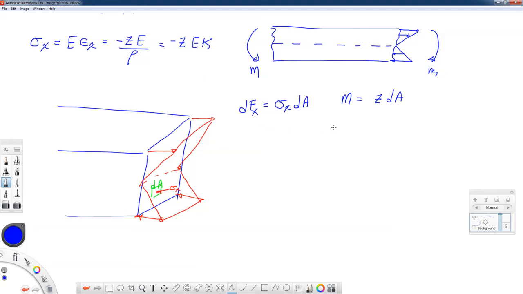So in this next equation, I'm just going to look at the magnitude. But then the moment is going to be equal to z, oops, this should be z dFx. Correct that here. Z dFx, or z sigma x dA.